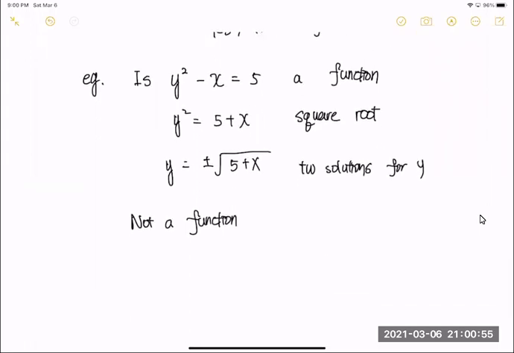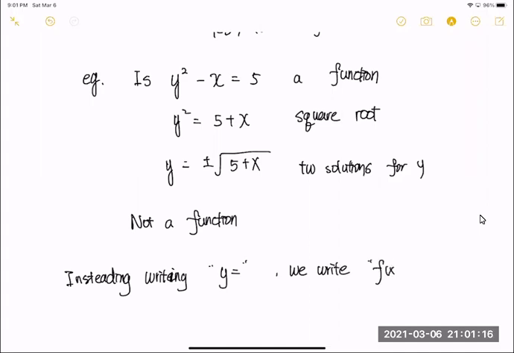Okay. So now we use another notation for function. Instead of writing y equals some equation, we write f(x) equals some equation.